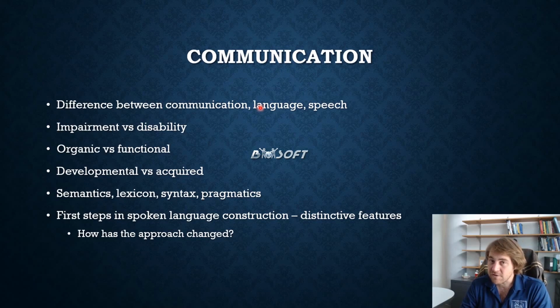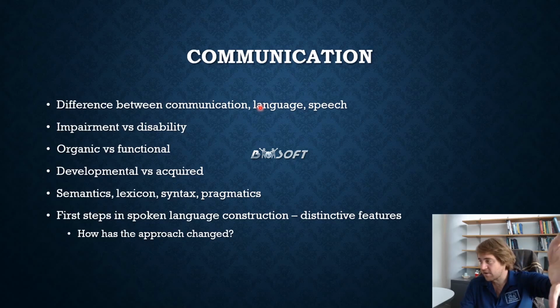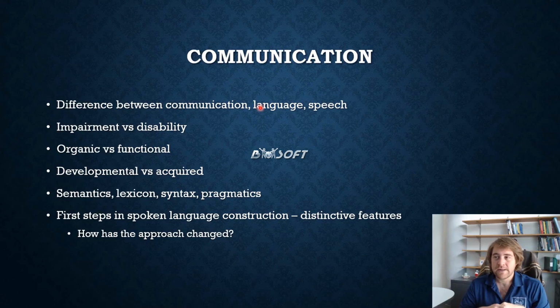And then speech is just the actual way that you're conveying that language, right? So we have a language, English in this case, and right now I'm using speech to convey it to you. I could write everything down like you're seeing on the slideshow here. I could sign it to you, all sorts of different things, right?